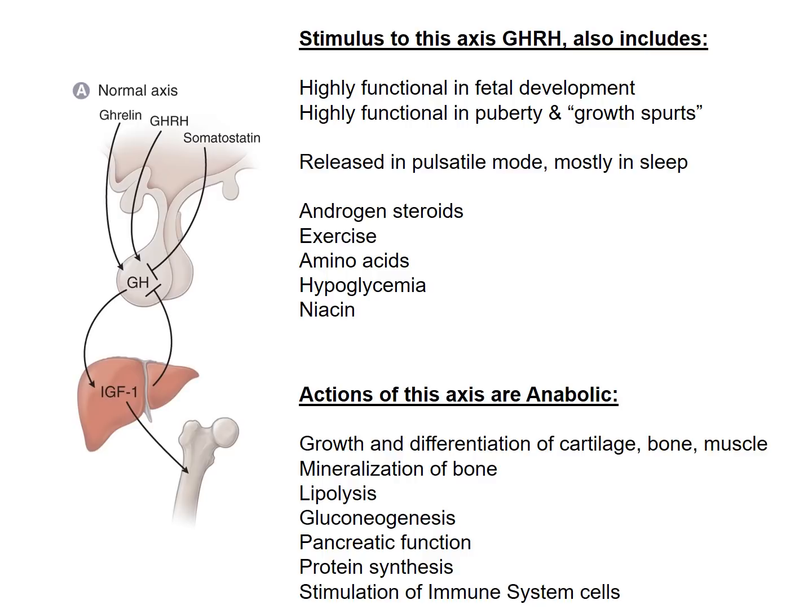And we talked a little bit about that in the bone unit, right? We talked about that growth of bone from the stem cell that you find in the growth plate that you find on the periosteum, and how that differentiates into mature cartilage and then eventually into mature bone. A lot of that is under the stimulus of growth hormone and IGF-1.